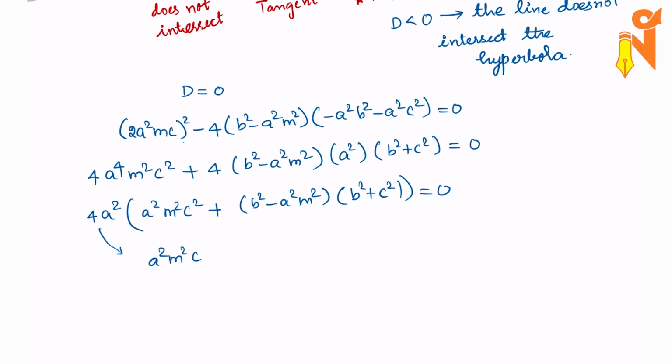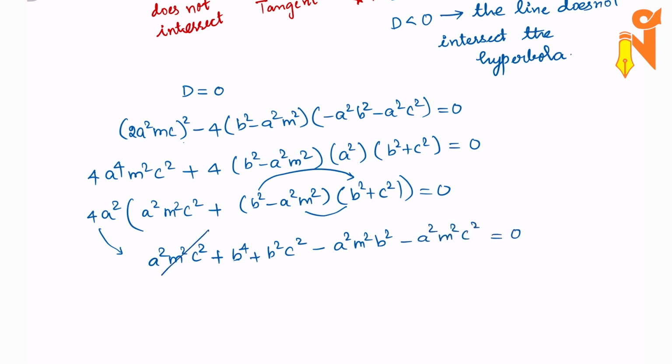So a square m square c square plus, if you multiply with b square, it will be b power 4 plus b square c square minus, multiplying with this, a square m square b square minus a square m square c square is equal to 0. I can cancel these two terms. Again, I can take b square common from this. I'll end up with b square plus c square minus a square m square is equal to 0.